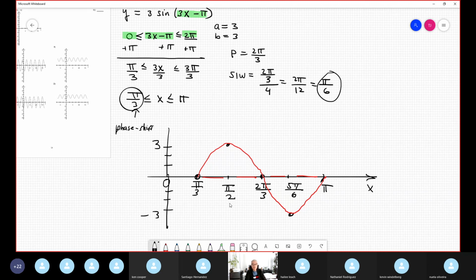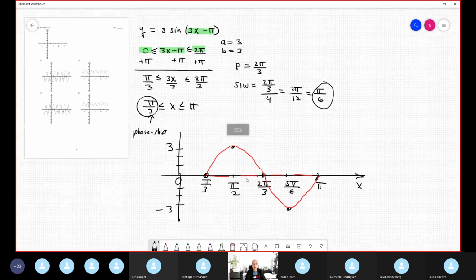Okay, recap. By the way, guys, this is a problem I like to put on the test. When you have a phase shift, you determine amplitude A, you determine B, use B to compute the period and subinterval width, and stop. How do you know where the graph starts? It starts not at 0, it starts at the phase shift.